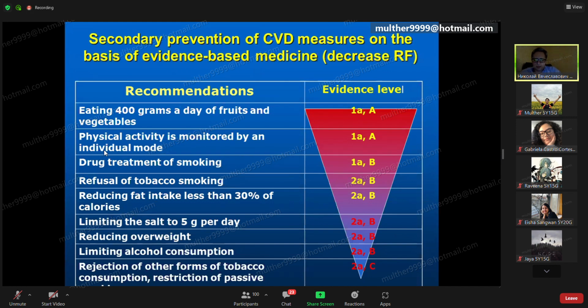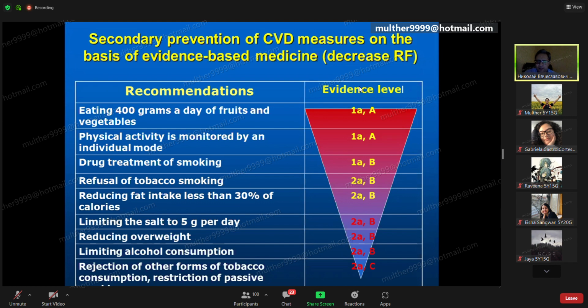The same recommendations you can see for secondary prevention of cardiovascular disease, for patients with confirmed cardiovascular pathology such as hypertension and ischemic coronary artery disease.